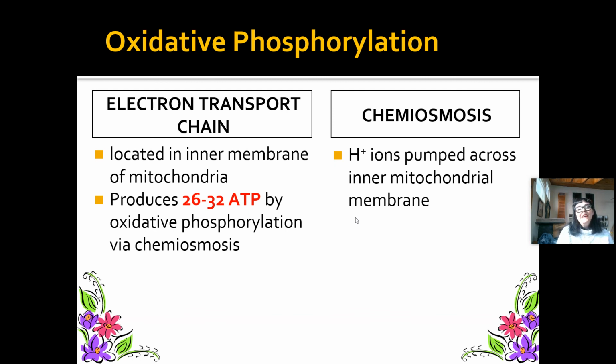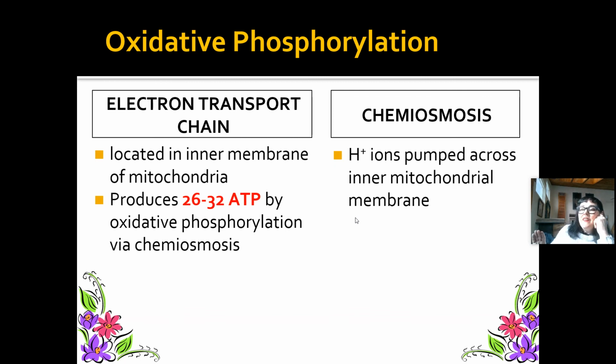Okay, so what is chemiosmosis? After those electron carrier molecules come and drop off their electrons, the energy in those electrons is going to pump hydrogen ions. You might say, where did hydrogen ions come from? Remember, they are taken along with the electrons. So when NAD drops off the electrons, it's also dropping off those hydrogens.